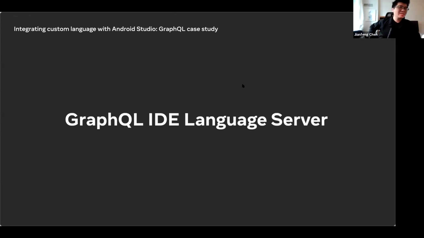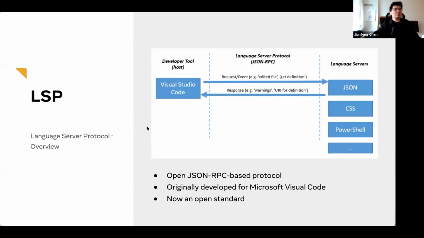Yeah, great. Thanks, Kata. So in this session, let me talk about the GraphQL IDE language server, which is available for multiple IDEs and integrates with more custom features and Facebook infrastructures, and how we do that. First of all, let me introduce a term, the LSP.